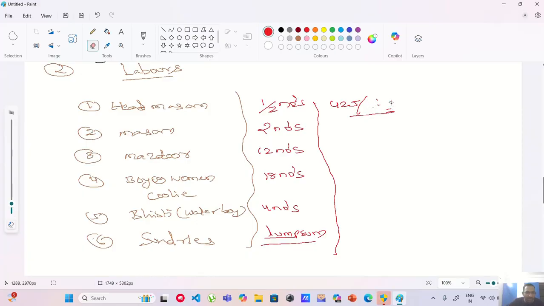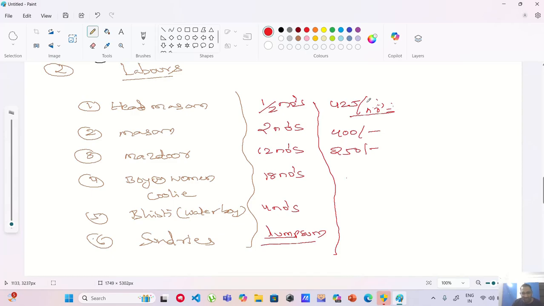Okay, per one number, the head machine rate is per one number, and the machine rate is 400 rupees. Okay, and Mazdur rate is 250 rupees. No one will come for this rate today. Minimum 1000 would be the rate for the machine or Mazdur, whatever it may be. But these are all textbook standards I am taking.